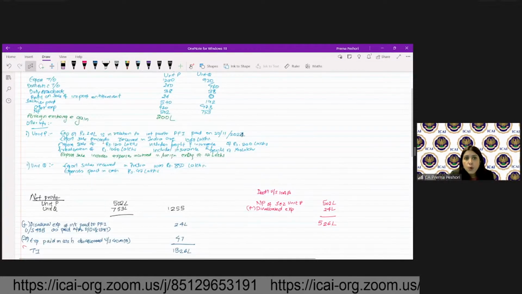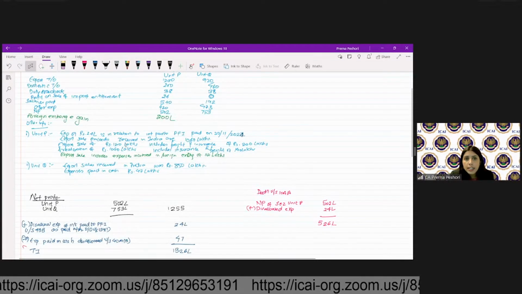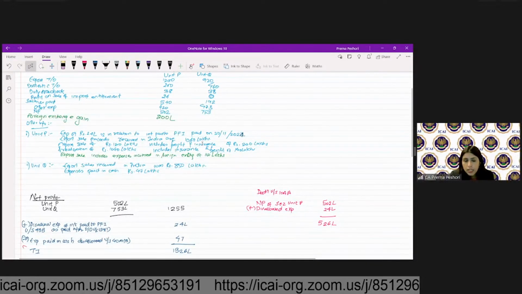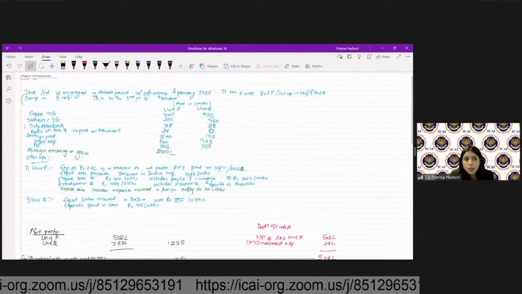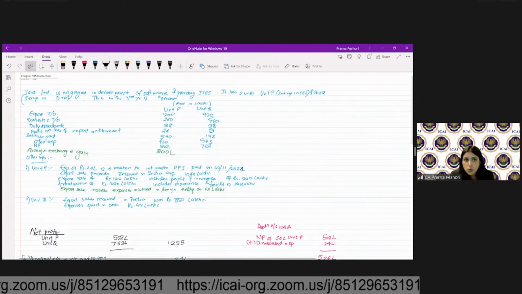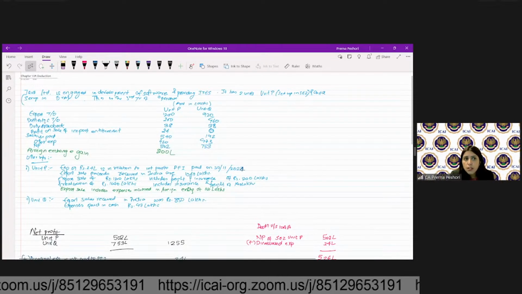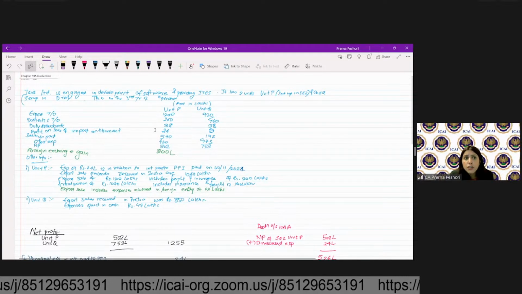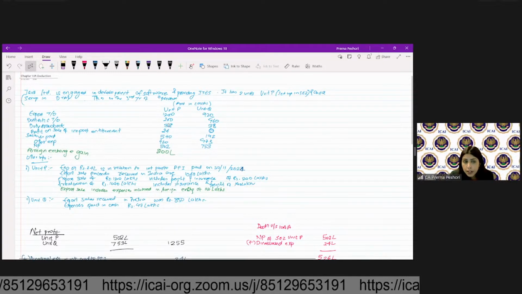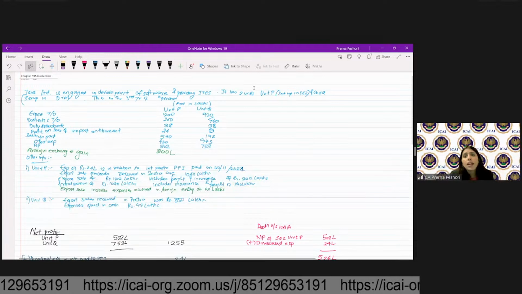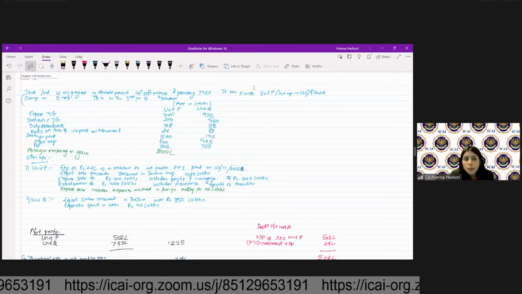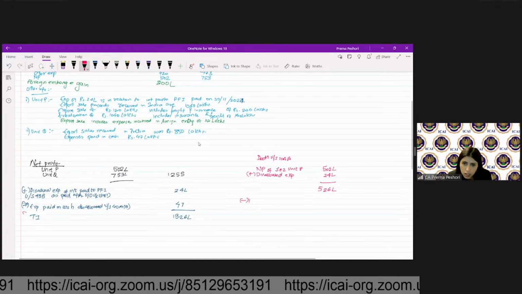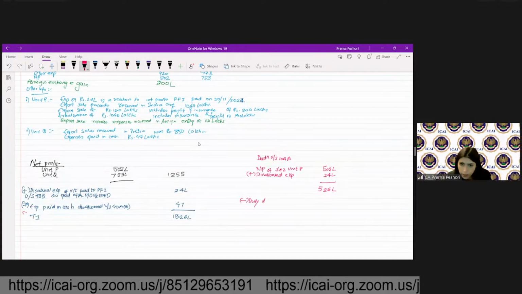There is export turnover, there is domestic turnover, and there is duty drawback. In the net profit, we have the duty drawback also included. Whether we will apply the deduction under 10AA on duty drawback, the answer is no. So we will reduce the duty drawback.